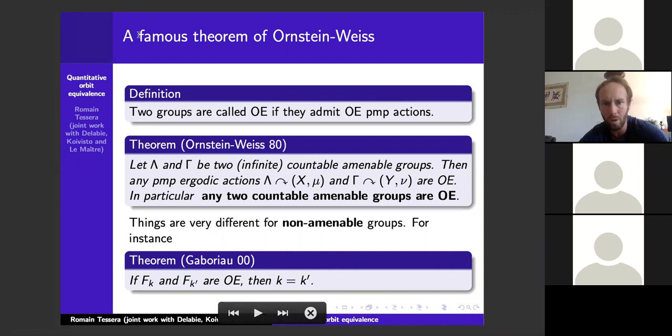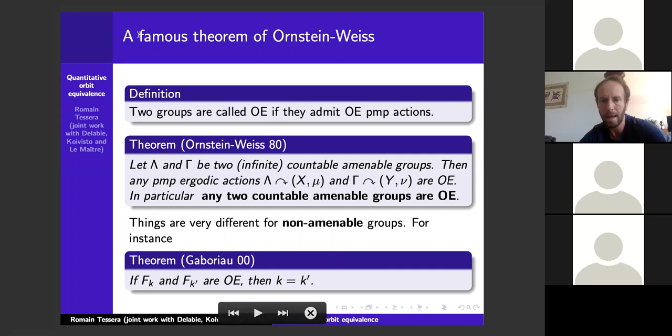And the reason is the following. It's a theorem of Ornstein-Weiss that generalizes the theorem of Dye that I mentioned previously. Dye was about all ergodic PMP actions of Z. Now, Ornstein-Weiss is about all ergodic PMP actions of any infinite countable amenable group.